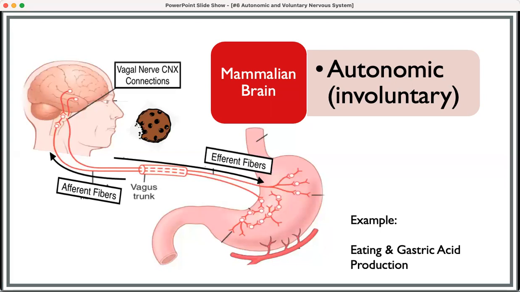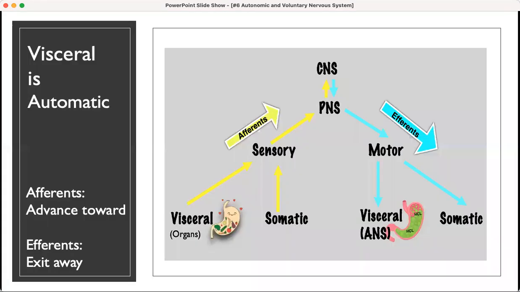So the efferent fibers are taking impulses toward the stomach, towards producing hydrochloric acid. And of course, the afferent are taking information towards the central nervous system. So the visceral are generally these organs.